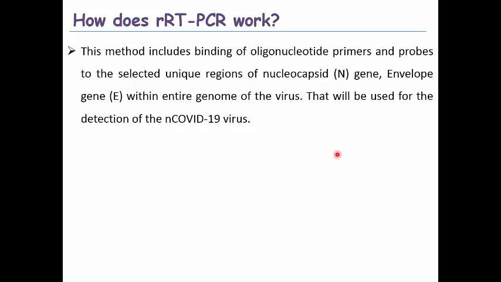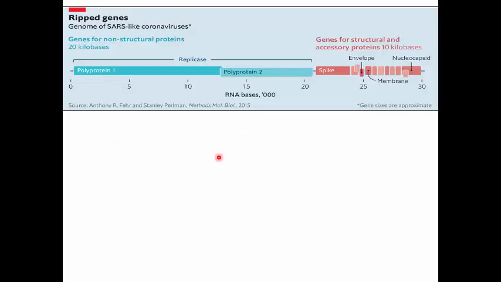So just for example, when we talk about COVID, they will form the probes for the N gene, which is present within the genome of coronavirus, and also form the probe for the envelope gene, which is present within the genome of the virus. So the probe will bind the particular gene sequence of the whole genome, and that will be used for the detection of the coronavirus antigen.